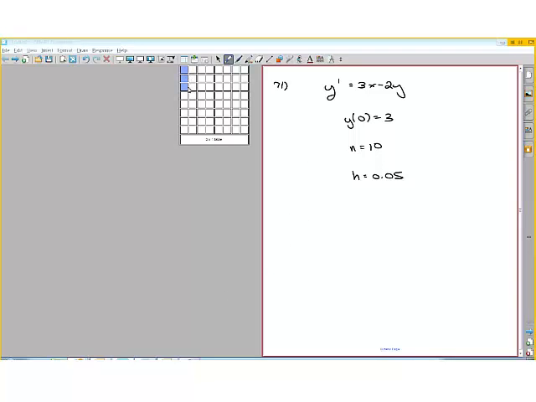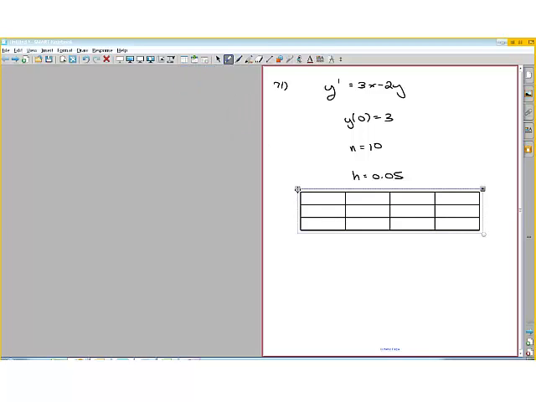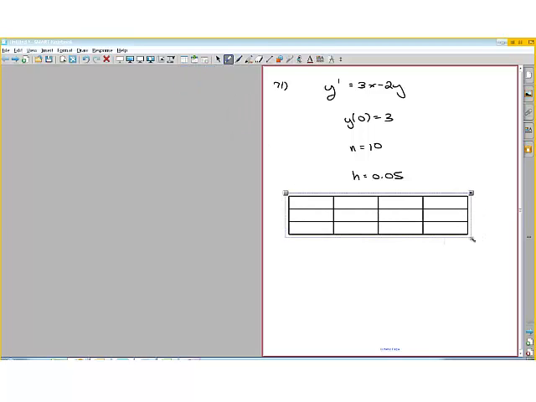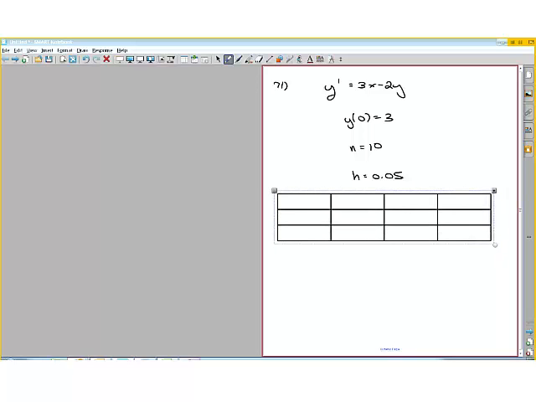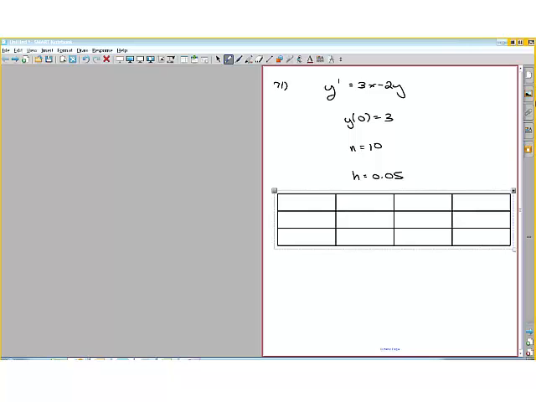So let me make up a table which will include x, y, y prime, and delta y, and I think that's all we need. We'll do a physical table, and then we'll do it using Excel, which is basically a table.